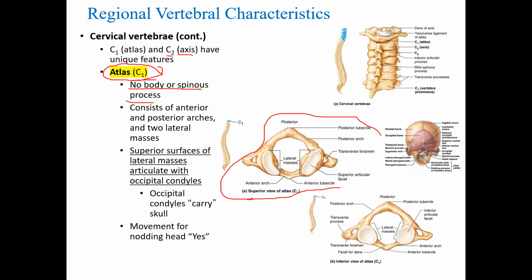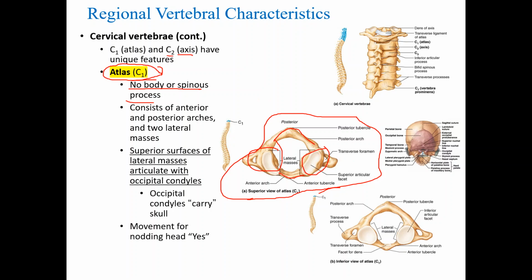You cannot recognize a body in here like in the others. And it consists of anterior and posterior arches, okay, respectively here, and the two lateral masses over here are pretty massive compared to, of course, the rest of the structure.